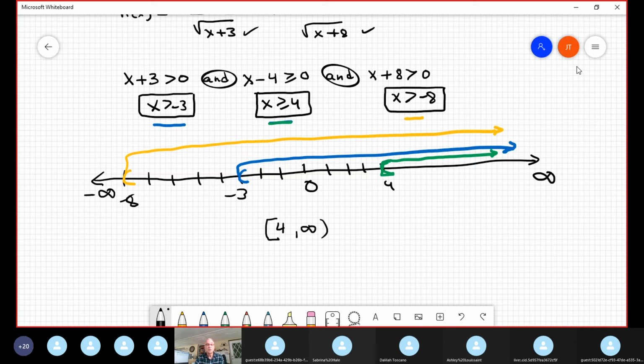When you put all these together, it's only that part. Does it make sense or is it confusing? Professor, I'm totally lost. It's confusing.